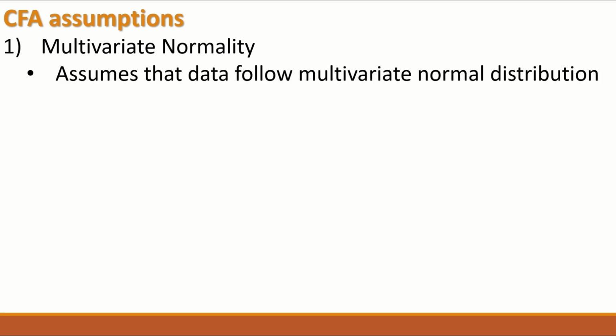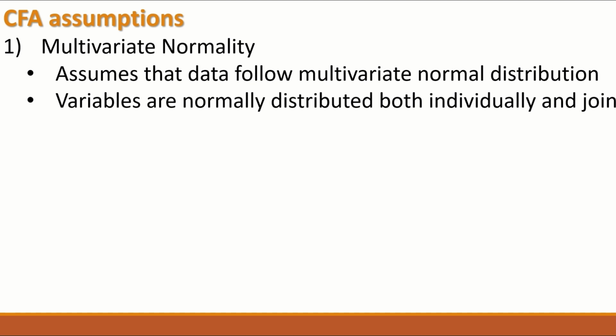So what are the assumptions that have to be satisfied before performing the CFA? The first assumption is multivariate normality. Since the CFA looks at several variables or several items, it is a multivariate analysis. So it has to have multivariate normality. It assumes that the data follow a multivariate normal distribution and variables are normally distributed both individually and jointly.